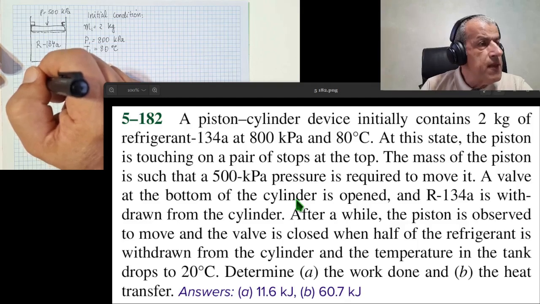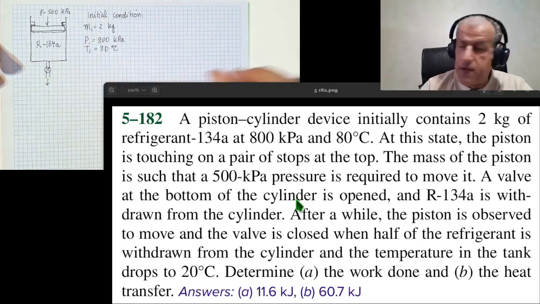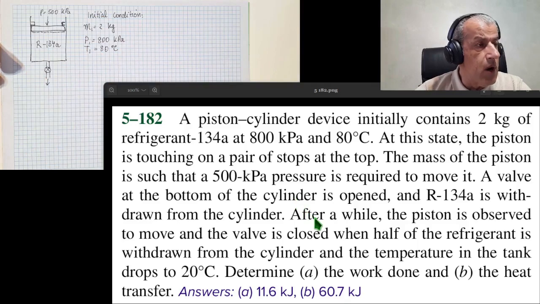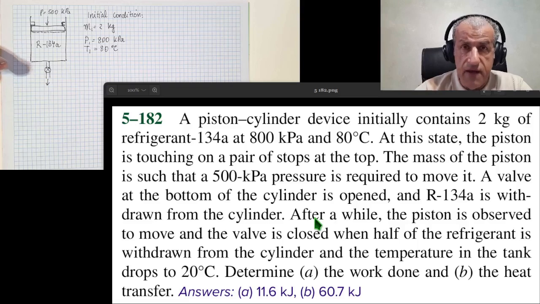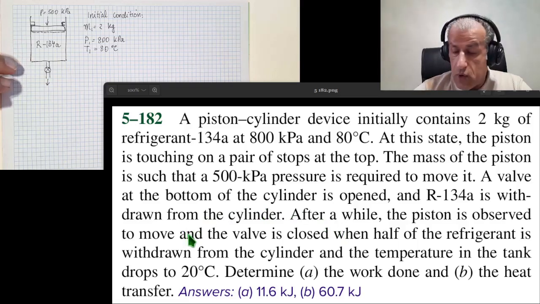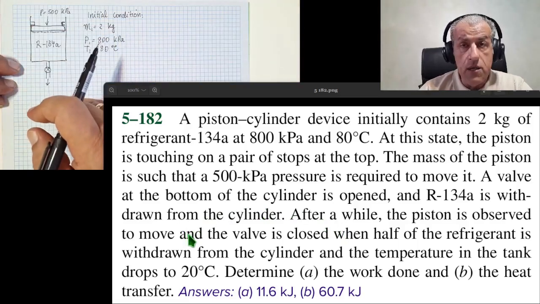Now, it says after a while, which is the time when the pressure inside is between 800 kilopascal and 500 kilopascal, the piston is observed to move. So the piston would start moving.